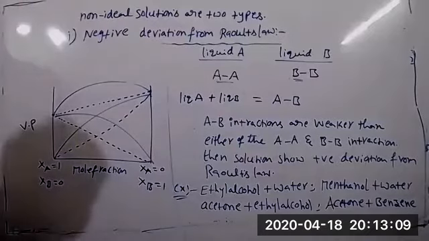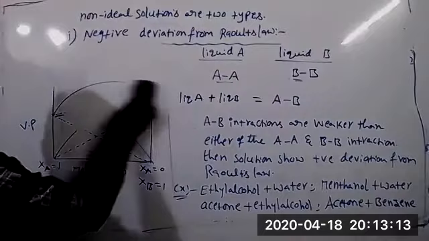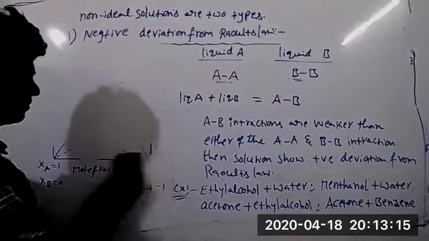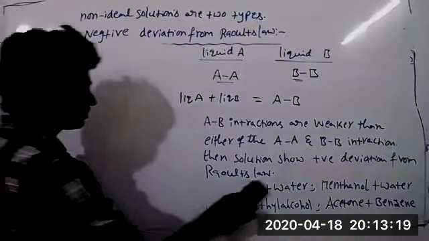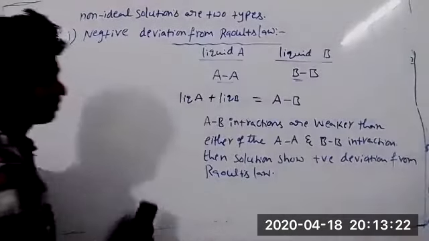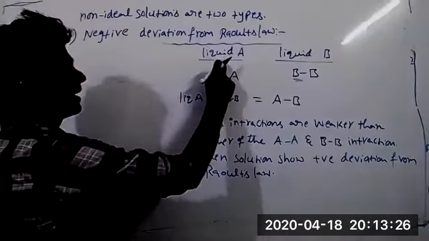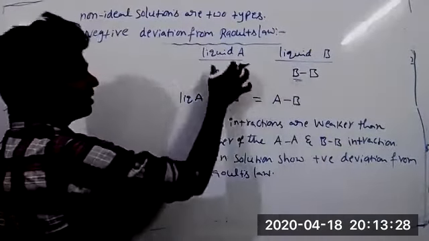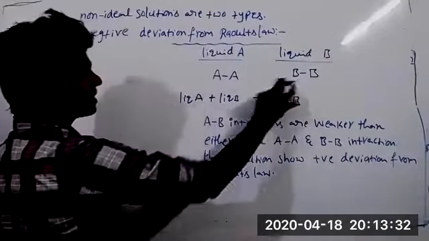Negative deviation from Raoult's law. Okay, now here also consider liquid A and liquid B. In liquid A, AA interactions are present. In liquid B, BB interactions are present.